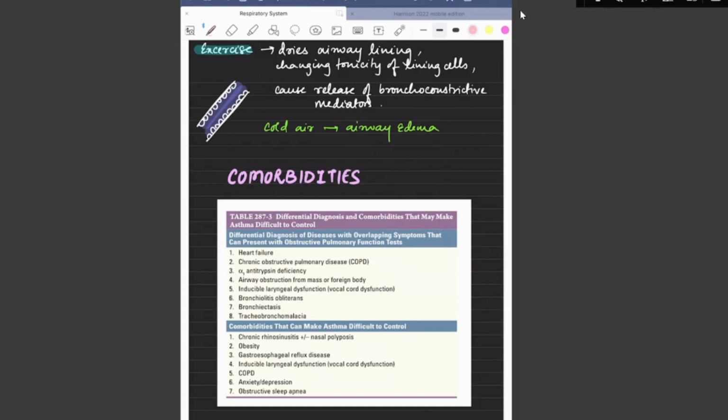Comorbidities that can make asthma difficult to control: chronic rhinosinusitis or polyposis, obesity, gastroesophageal reflux disease, inducible laryngeal dysfunction, COPD, anxiety or depression, and obstructive sleep apnea.